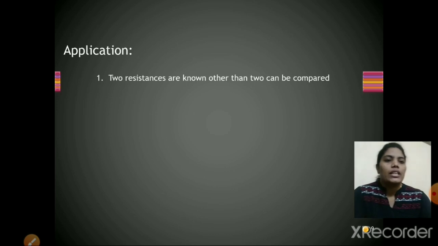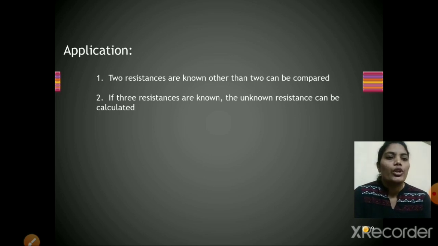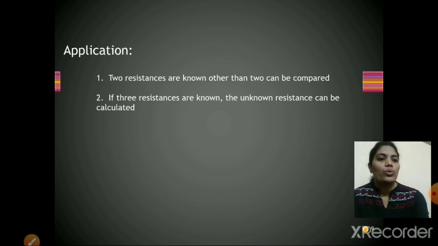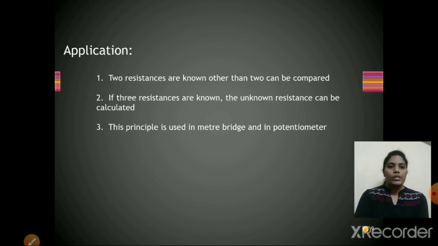So what is the application? If two resistances are known, the other two can be compared. If three resistances are known, we can find the unknown resistance. This principle is used in the meter bridge and also in the potentiometer. Now we'll see how we can use this principle in the meter bridge.